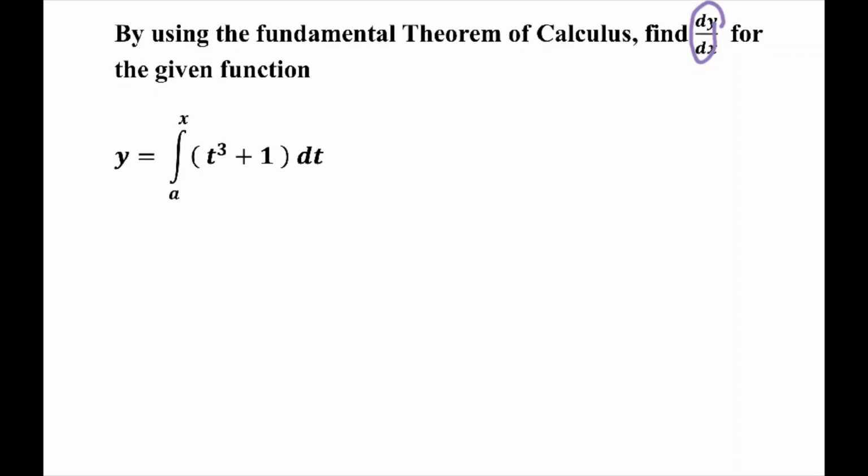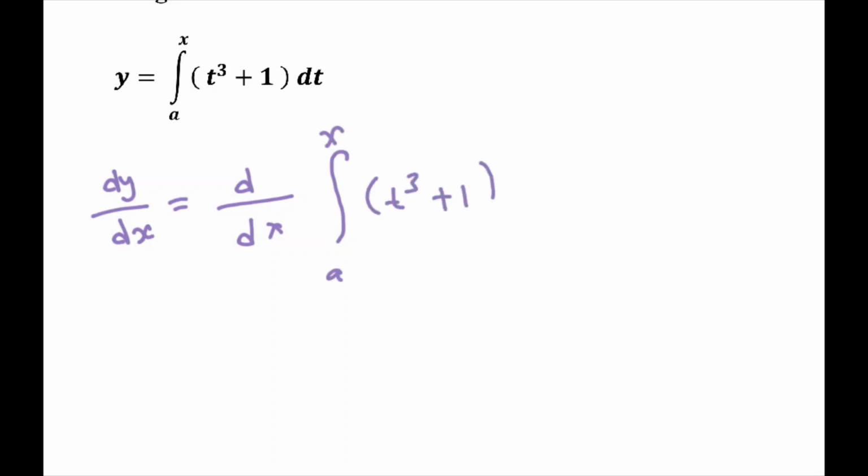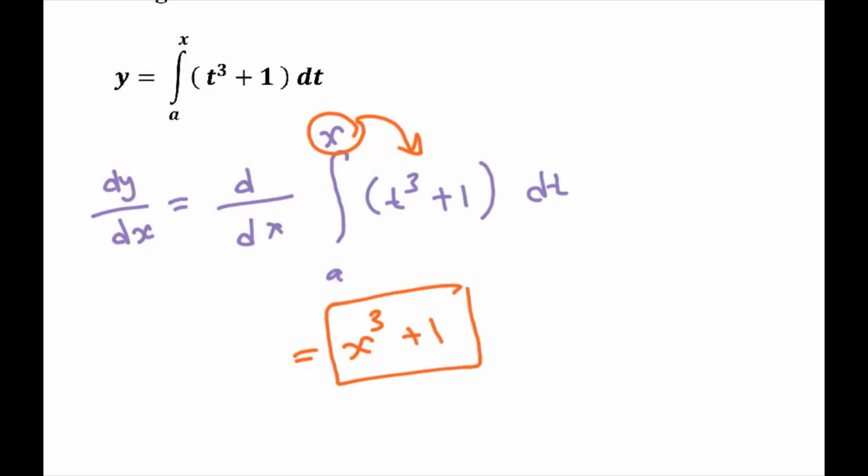Because we are using the fundamental theorem of calculus, dy over dx will be equal to d over dx of the integral from a to x of t cubed plus 1 dt, and by plugging in the upper limit, the final answer will be x cubed plus 1. That's basically everything. Let's try this one here.